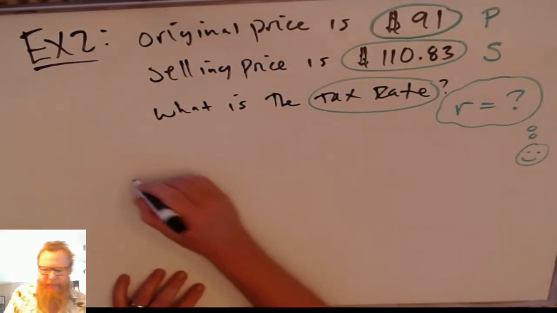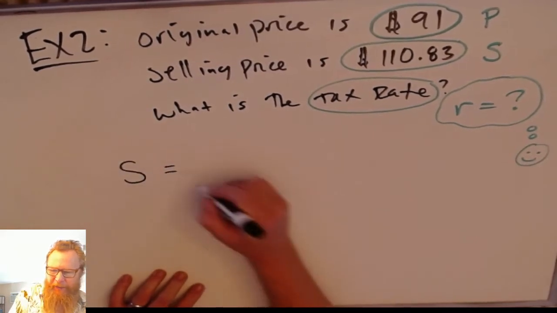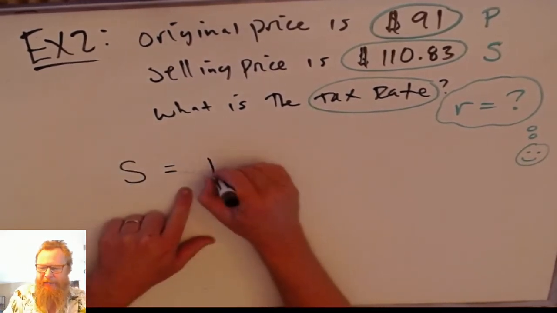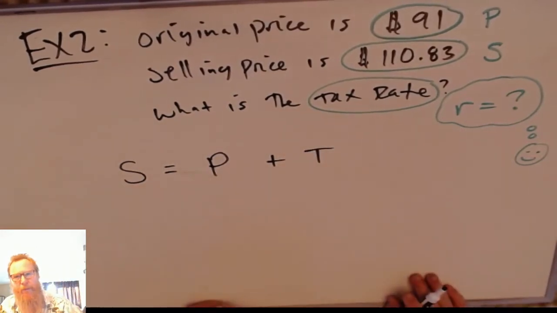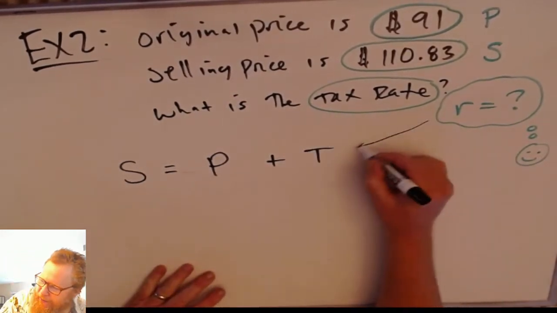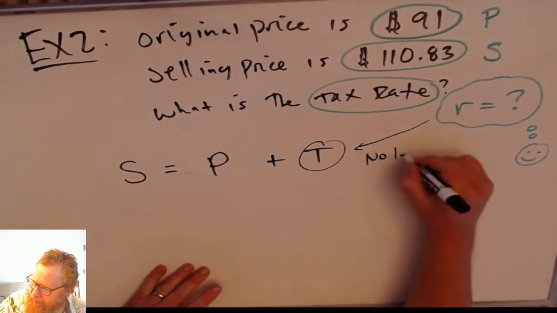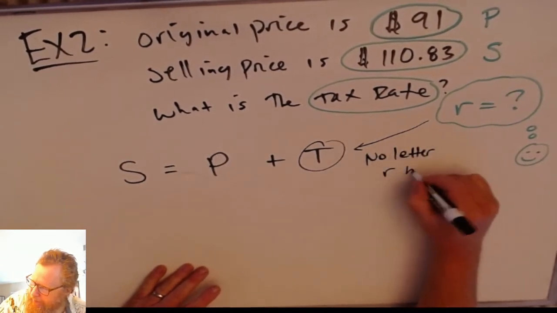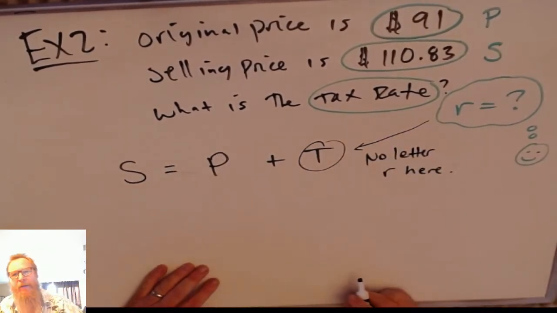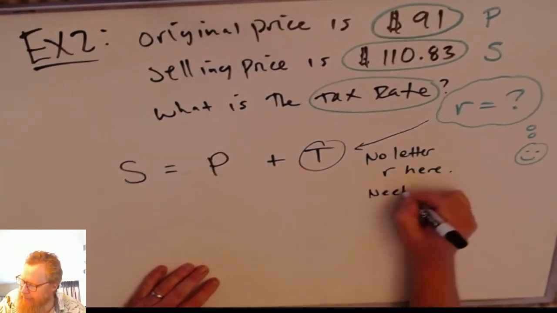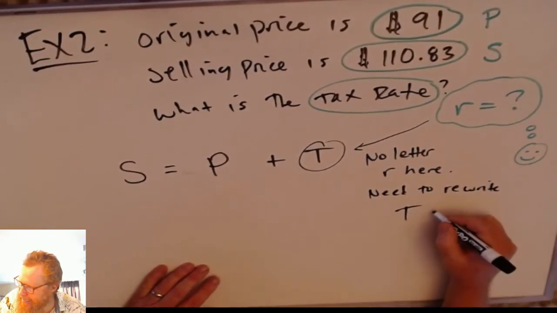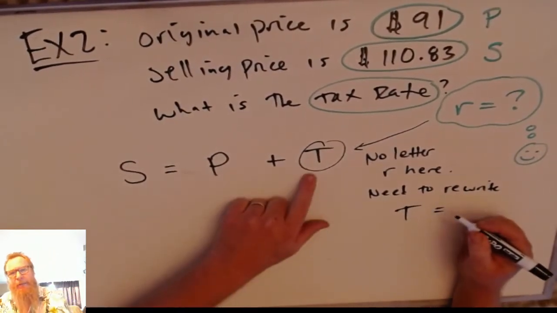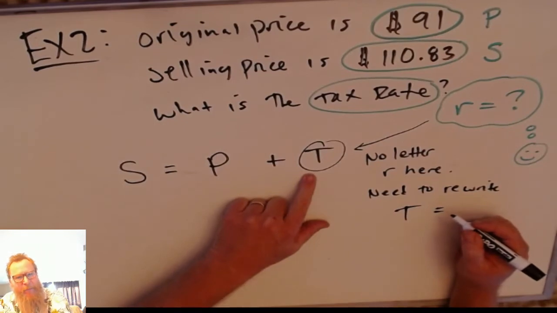All right. So you've got your model or your formula. You got selling price is original price plus tax. And notice there's no letter R here. So you need to rewrite T. Right? What was T from the previous example?